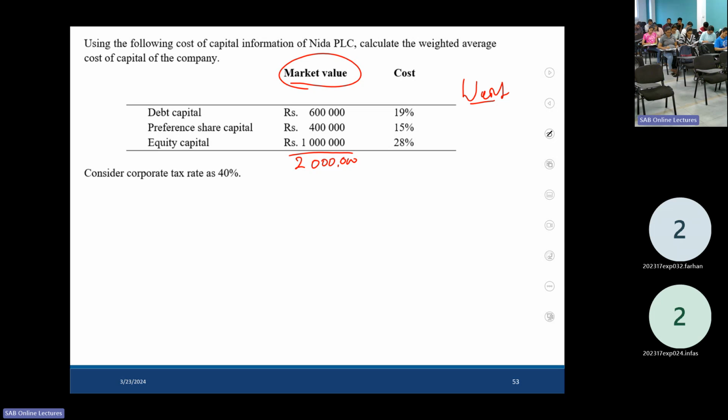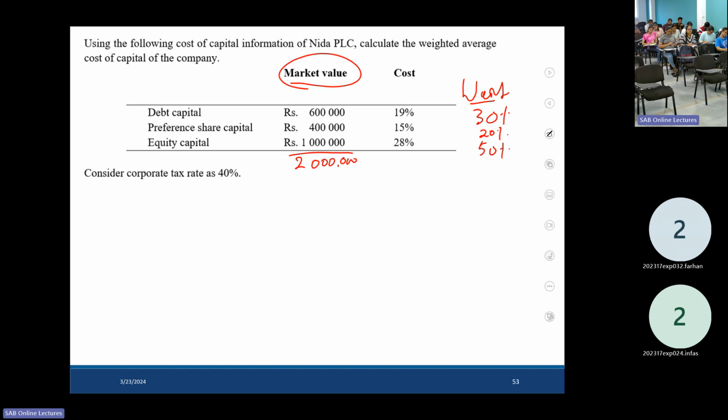From 2 million, 600,000 is from debt, so that weight is 30%. From 2 million, 1 million you are getting from equity, so that is 50%. Then preference shares, 20%. These are the weights.